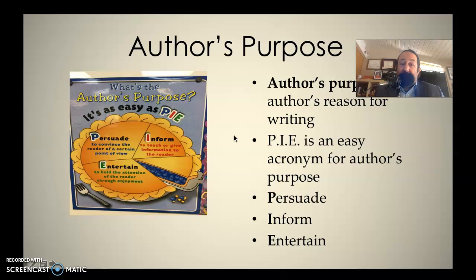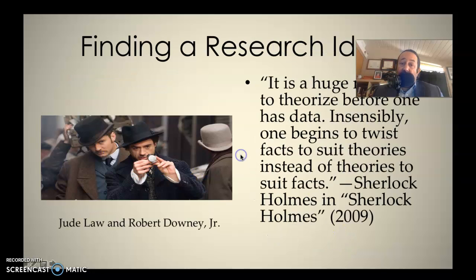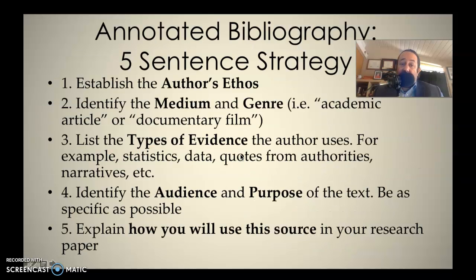A good way to identify the author's purpose is to think that any text is going to use some element of PIE, if not all 3: persuade, inform, entertain. A good text, whether a video or a text that you're reading, will have one of these 3 goals in mind, and sometimes all of them. You can use that to help answer that question.